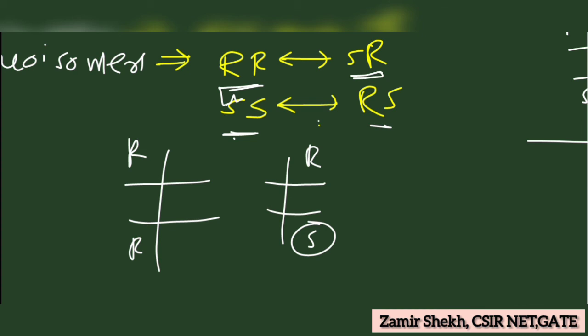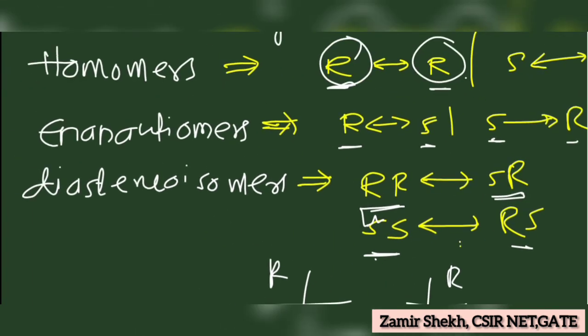So likewise we can quickly identify which one is homomer, which one is an enantiomer, which one is a diastereomer. If we are given 3 compounds, for example 1, 2, 3, and they also mention the RS configuration, suppose this is RR, this is RS, and this is SR. Now we can simply identify the relationships.